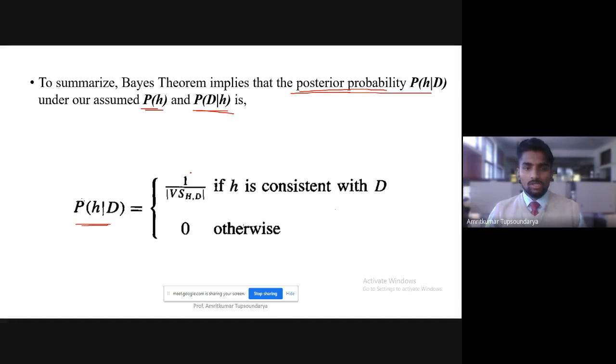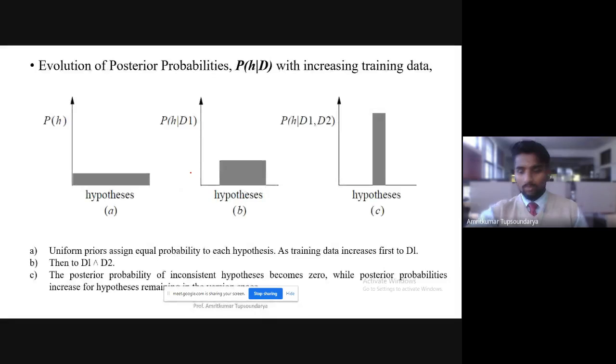So this is a simple summarization of the Bayesian learning.